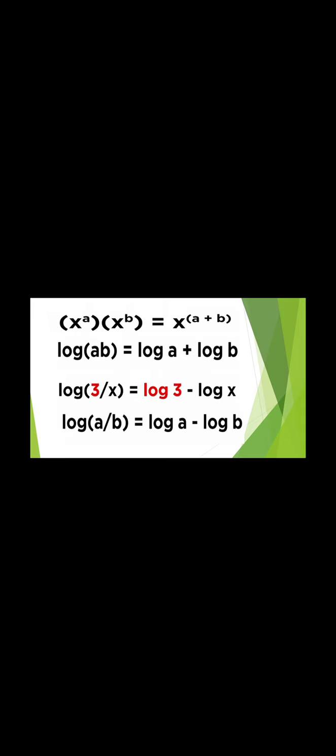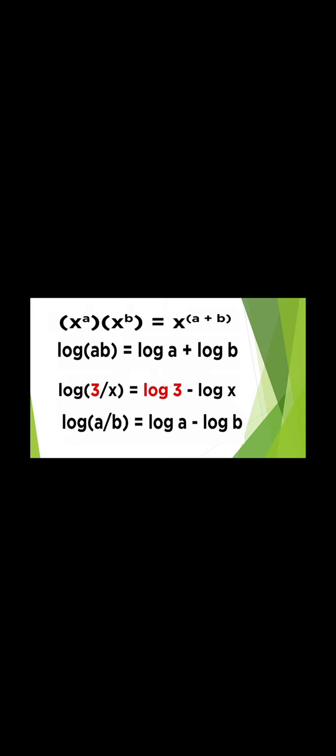Therefore, log of a over b equals log of a minus log of b. This means that something like log of 3 over x we could express as log of 3 minus log of x.